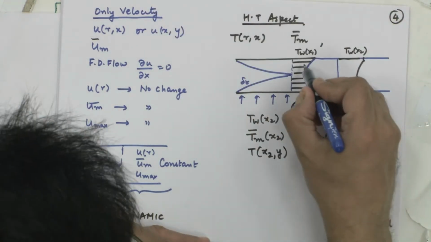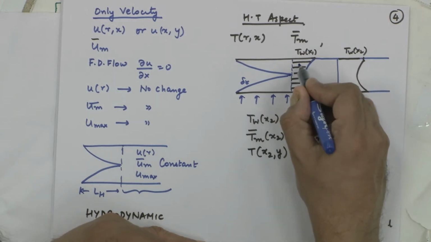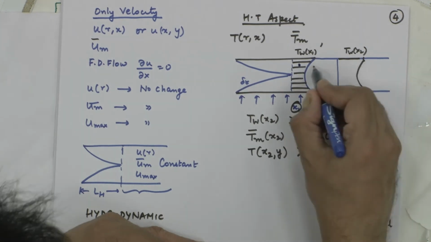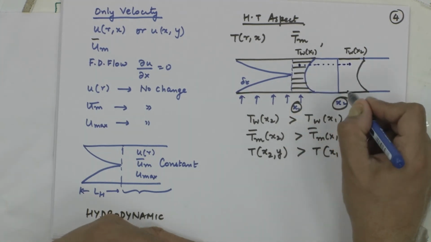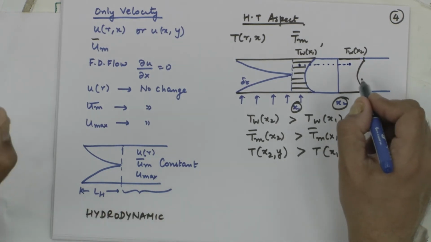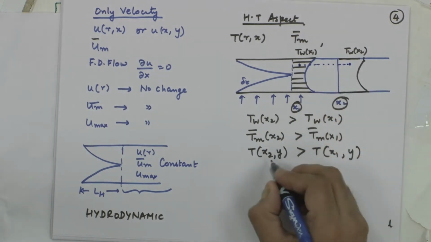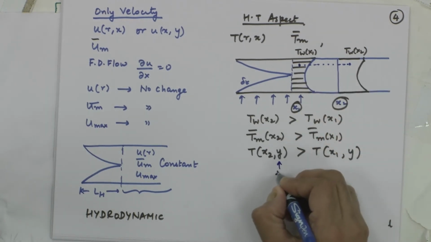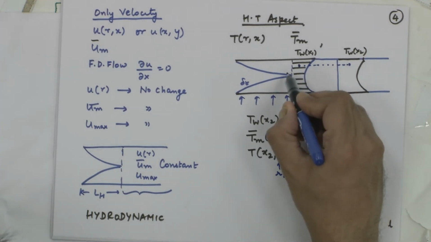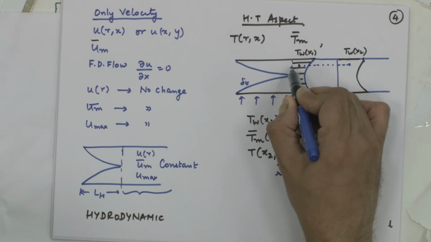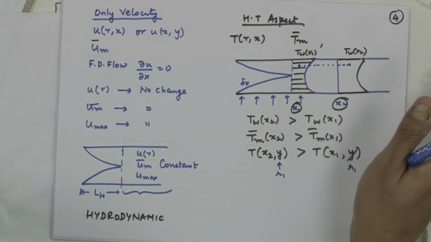So, if I take this y location, the temperature at this x location and this y point, and the same corresponding point I take here at location x2. The fluid particle at distance r1 from the center, as it moves from x1 to x2, would have a higher temperature.